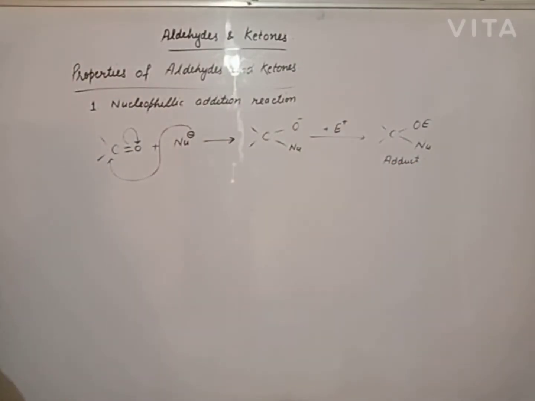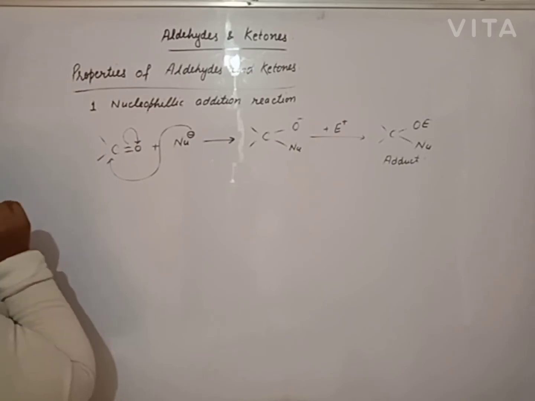Clear? In this category, a number of reactions take place. For example, which type of reaction will be shown by this? One of the most important reactions under this category, you will think about the nucleophile.